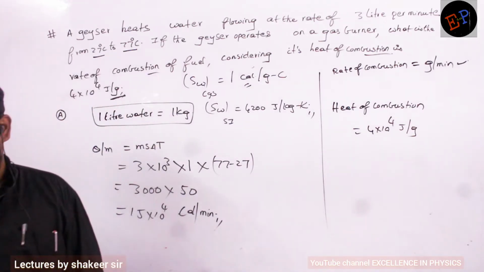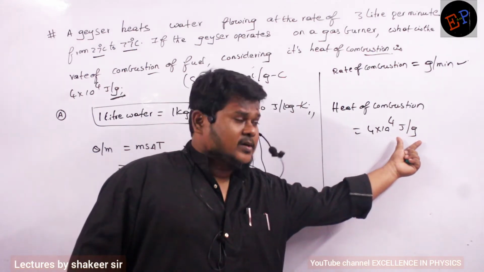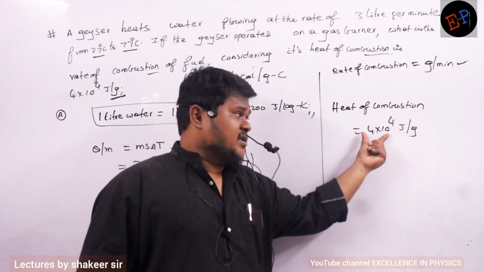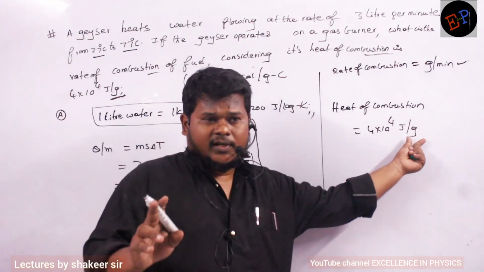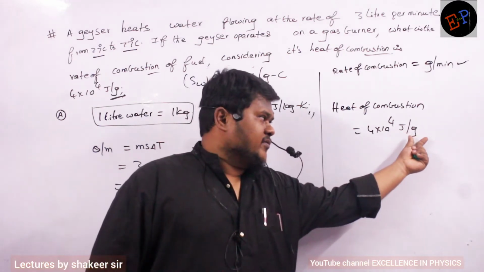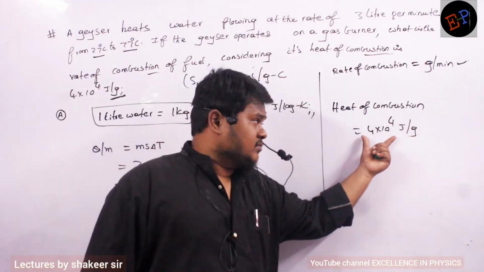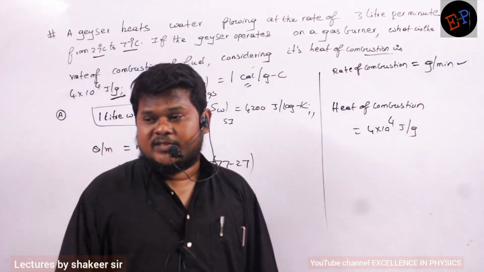Look at the units: per gram, this much energy is released. That is the meaning. If I burn 1 gram of fuel, since for heating anything we require fuel, then 4 into 10 power 4 joules of energy is released.